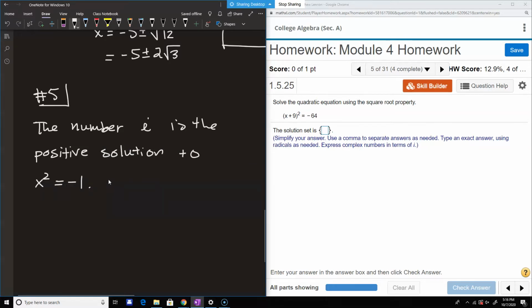So that is, we could think of i as equal to the square root of -1.